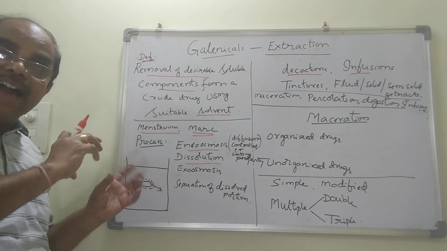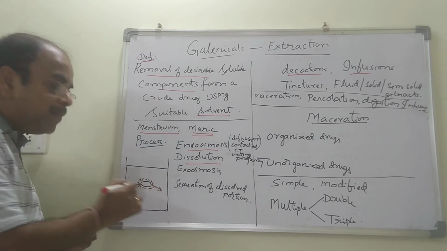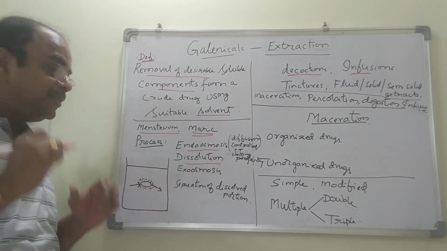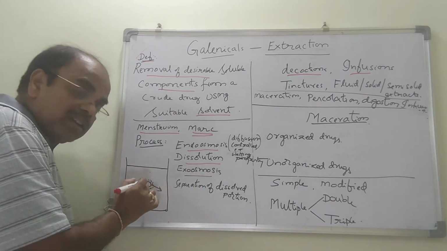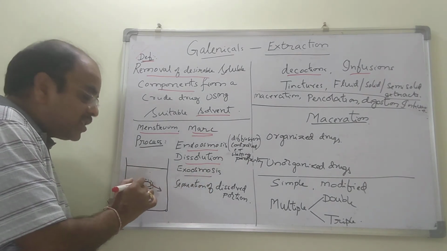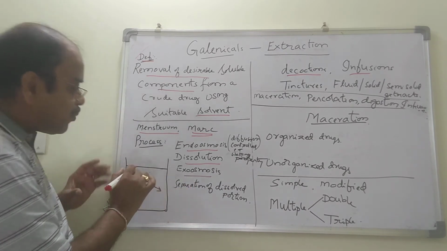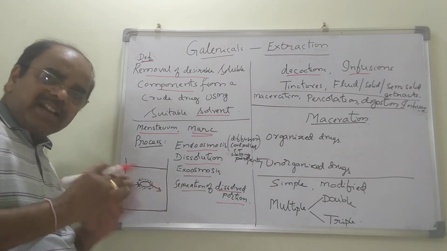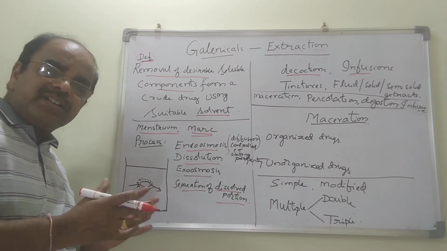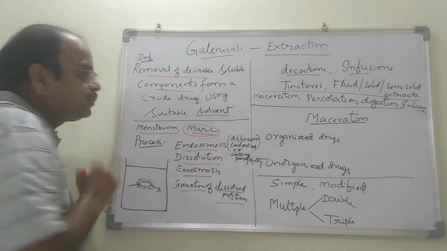So we have to agitate or shake it from time to time so that the layer is disturbed, and we can increase the extraction efficiency. Exoosmosis means the concentrated solution comes out from inside the cell wall to the outside. Once this process is over, we go for separation of the dissolved portion by filtration, and the residue separated is called marc.